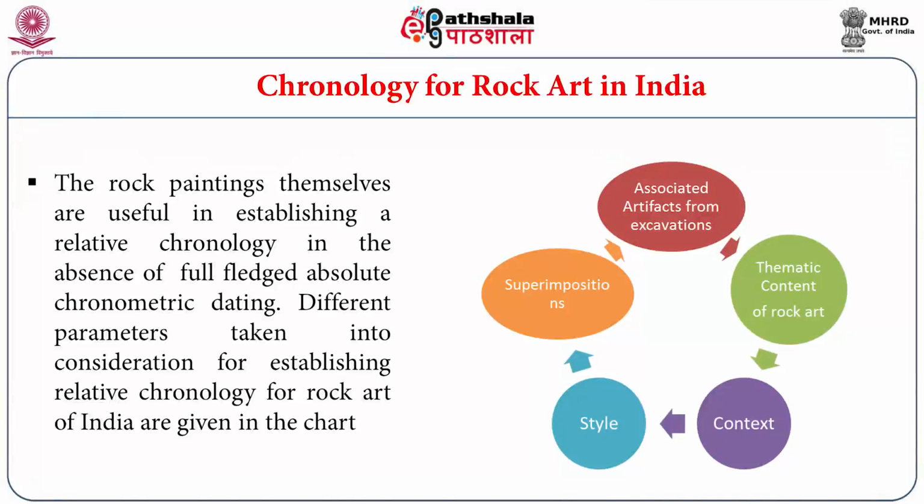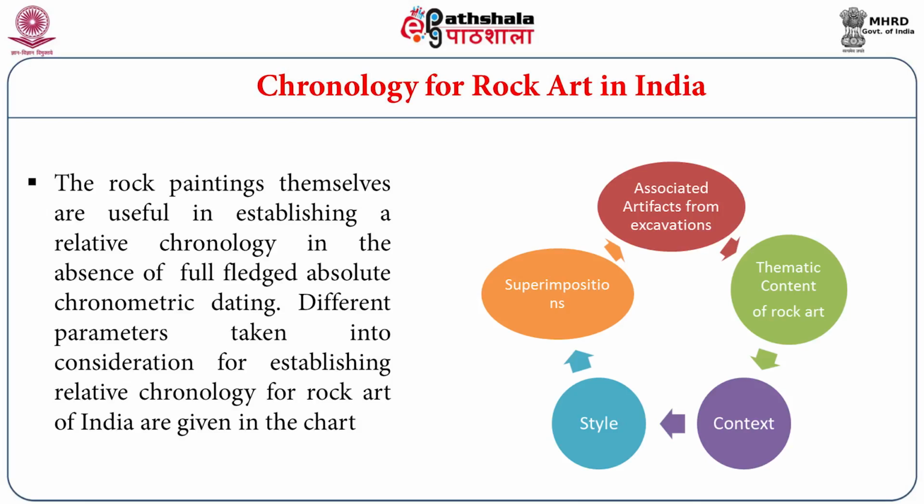Again, themes of the rock art. Sometimes prehistoric paintings more often have hunting scenes. Animal domestication scenes are found more often in the Neolithic period. So just by looking at the themes of the painting, we can date them. Next is style. How complex is style? Sometimes we use the logic of simple to complex.